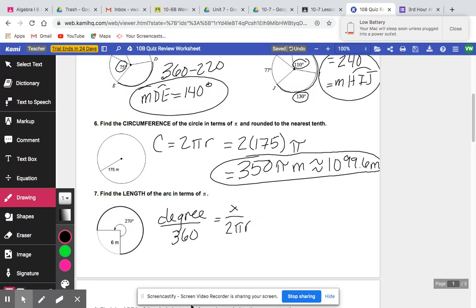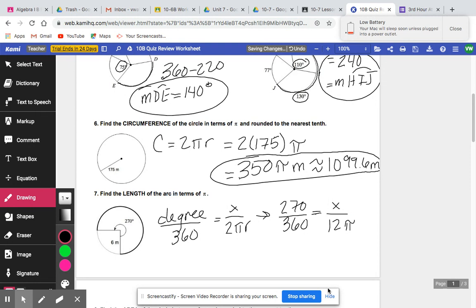So I take 270, put it over 360, set it equal to x over my circumference, 2 pi r. My radius is 6. 2 times 6 is 12. So you have 12 pi.